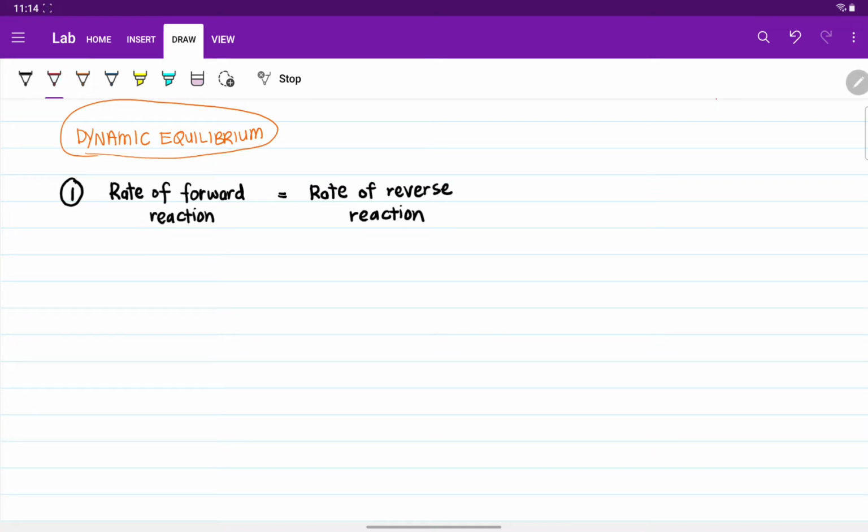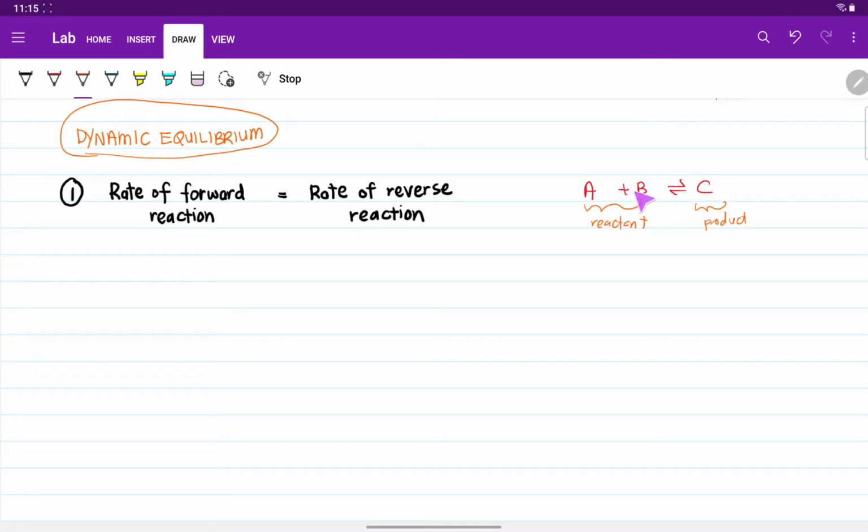Okay, katakan saya ambil satu general equation. So, A tambah B to produce C. A dan B dekat sini, this is reactant, dan C dekat sini adalah produk. So at first katakan saya ada reaktan, bila saya ada reaktan akan bertindak balas untuk hasilkan C. Maksudnya pada permulaan, the rate of depletion of reactant and formation of product.